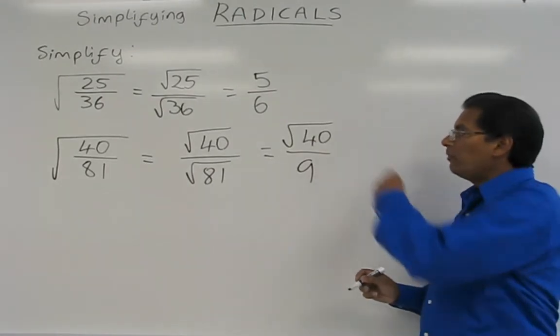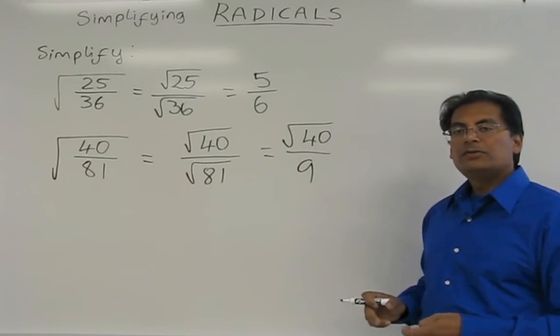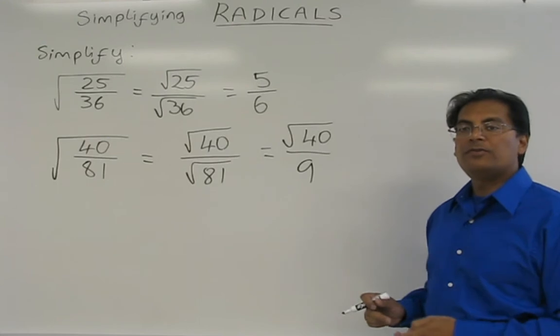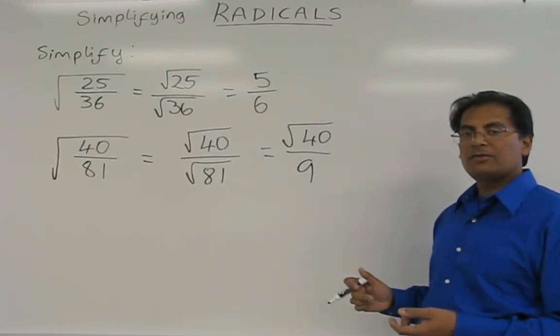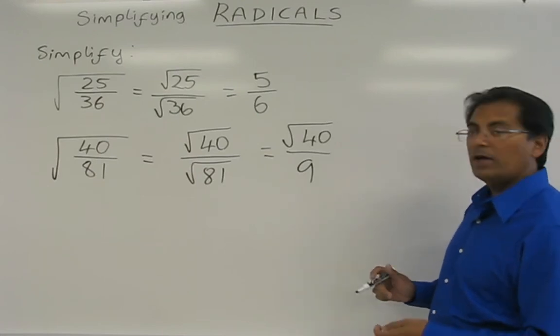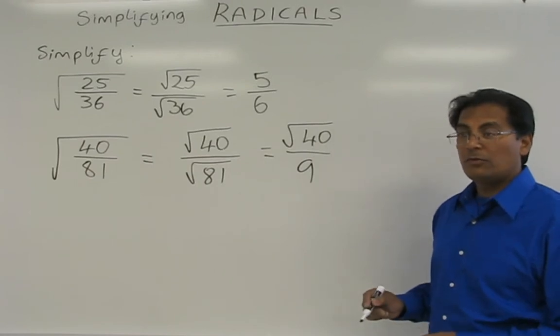However, the square root of 40 is not simplified. We can simplify that. We're thinking of two numbers that, when I multiply them, give me 40, and one is a perfect square. So we can think of 8 times 5, but that's not going to work. And maybe 4 times 10. 4 is a perfect square, so we could try that.